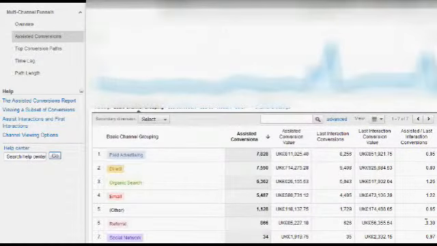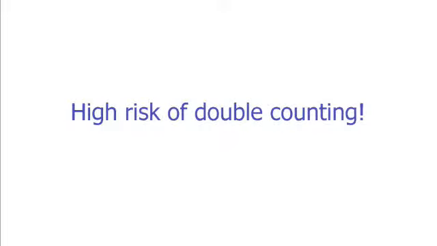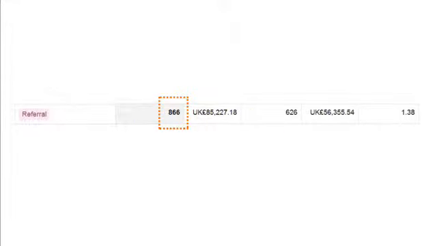But beware, there's a very easy mistake to make here, and I've seen it across a lot of blogs, a lot of very respectable sources. There's a high risk of double counting. Some of this assisted conversion value is likely to already be included in the last interaction conversion value.